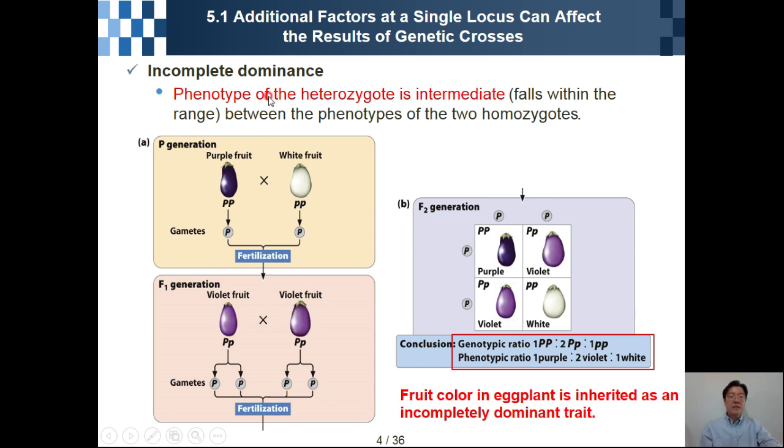If the fruit color in eggplant were inherited as a complete dominant trait, the phenotype ratio would be 3 to 1, with 3 purple and 1 white. But fruit color in eggplant is inherited as an incompletely dominant trait, and their phenotype ratio is 1 to 1.